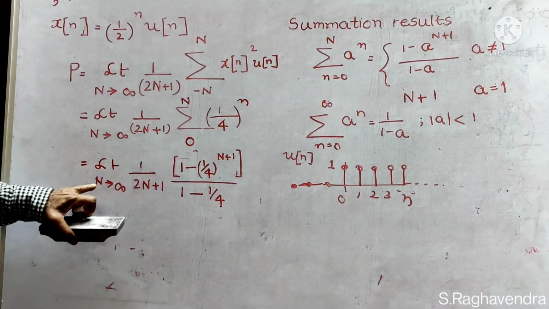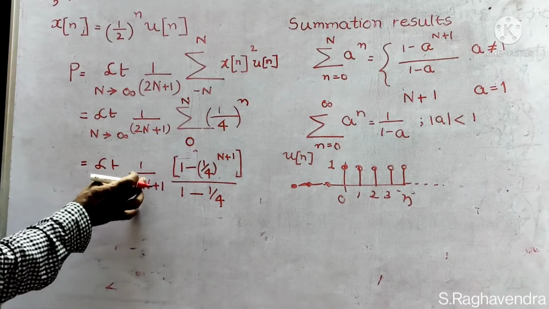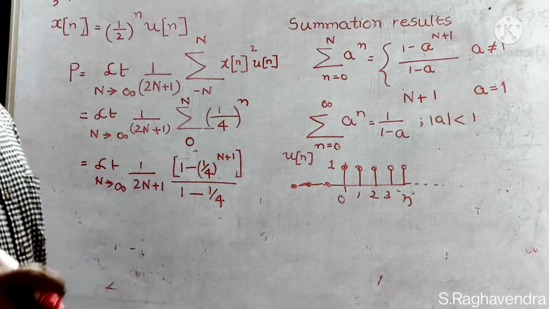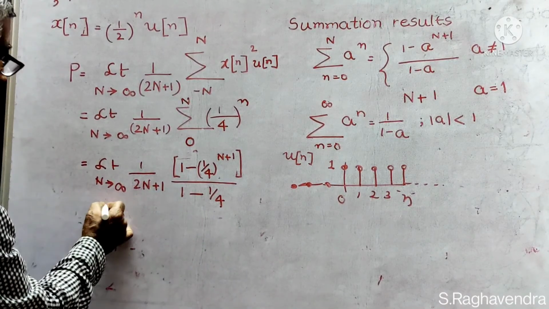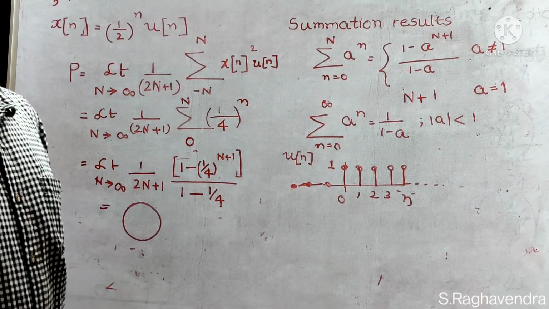Now taking the limit, you need not substitute this. As n tends to infinity, the denominator yields infinity, so the value is 0. Therefore it is not a power signal. Thank you.